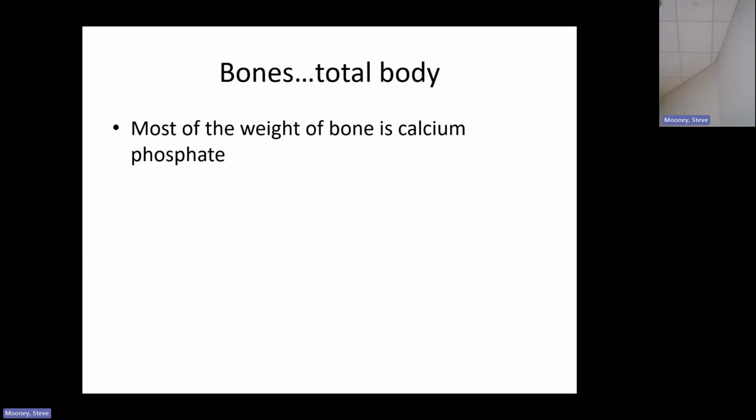So if we're looking at most of the weight of a bone, we're looking at the inorganic component, the calcium and the phosphorus. That's going to account for most of the weight of our bones.